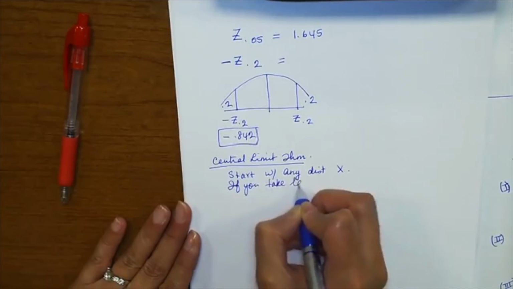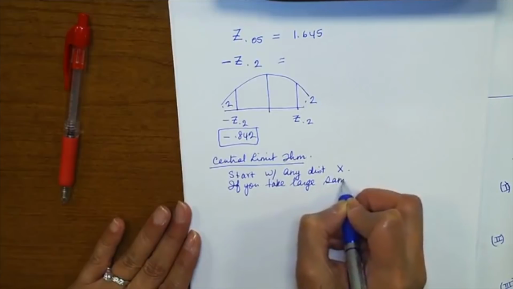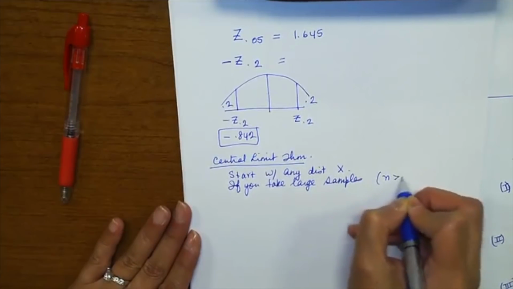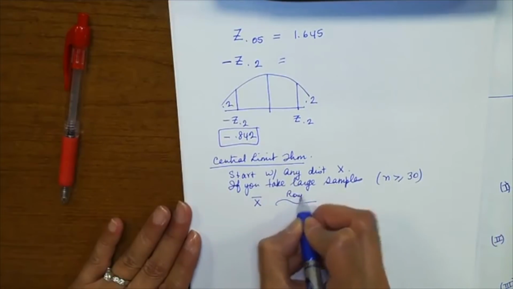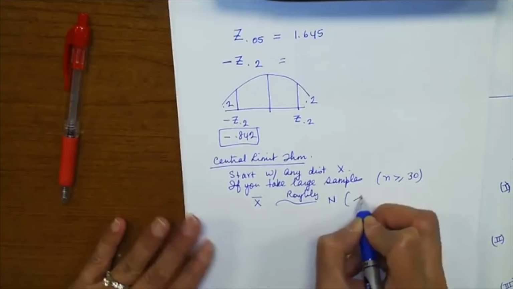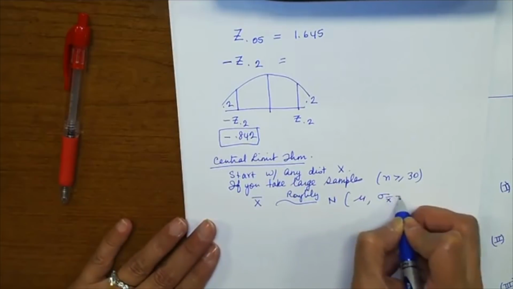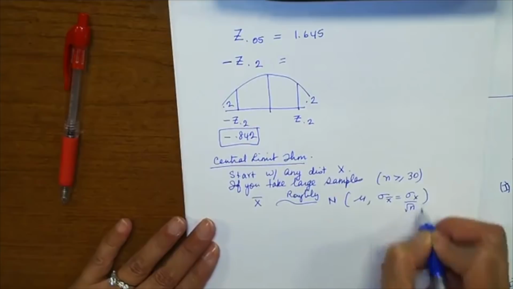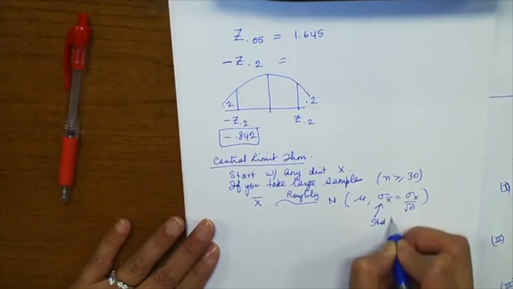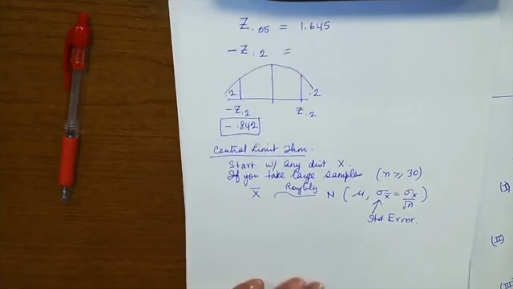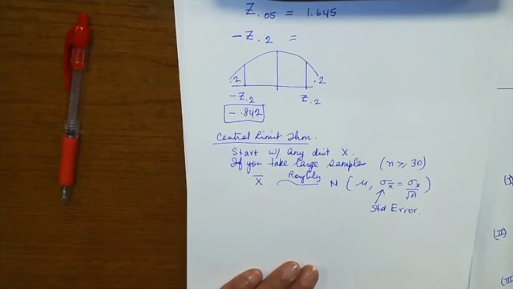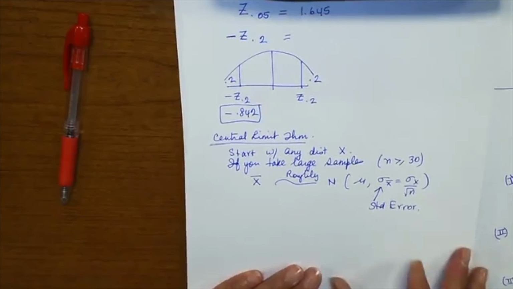If you take large samples, n greater than or equal to 30, then x bar will be roughly normal with the same mean mu and sigma x bar equals sigma x over root n. That's called the standard error. Remember that? So it's saying it's going to be roughly normal.